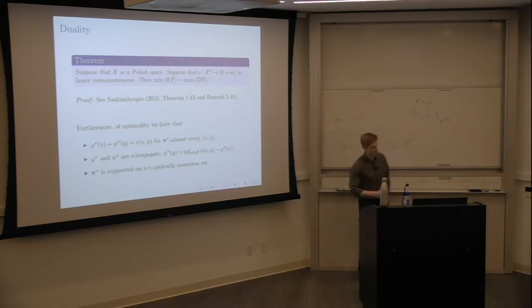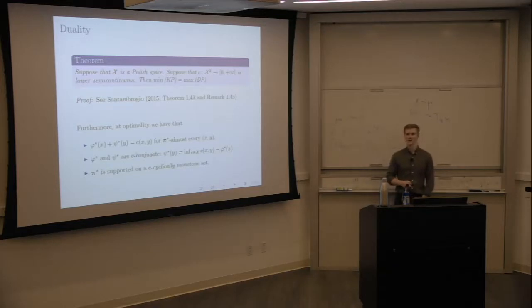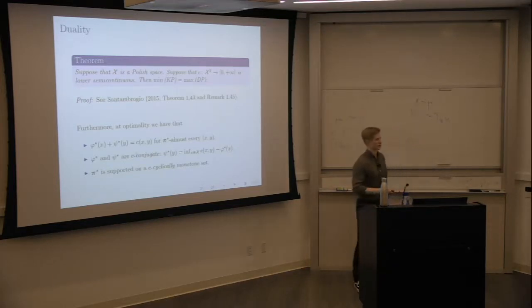We can say more, though, at optimality. And this, you really need to look at Ambrosio's textbook to be able to deduce. But at optimality, where this Kantorovich problem attains its minimum and where this dual problem attains its maximum, we can relate the solutions in a way.